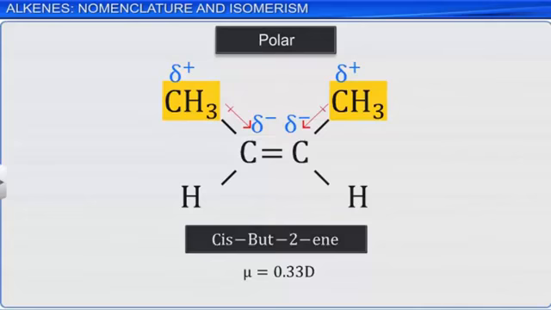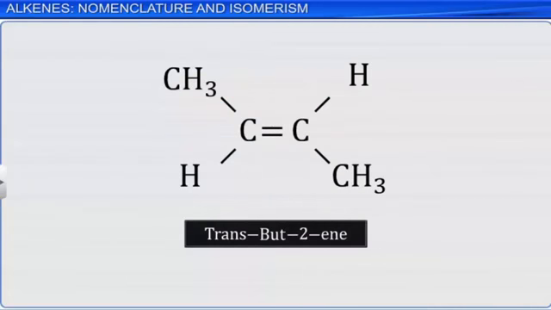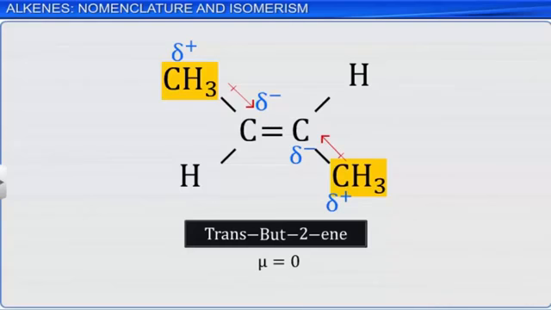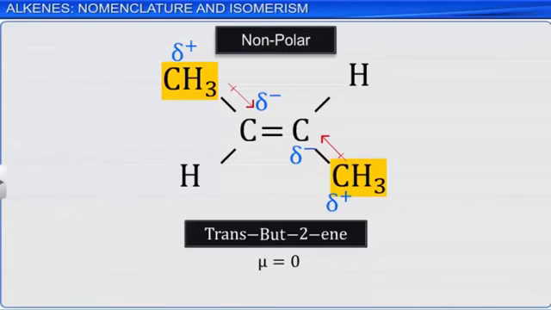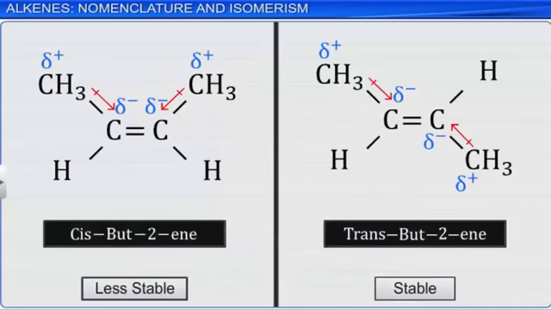However, in a trans but-2-ene molecule, the two CH3 groups are present on the opposite sides of the double bond. Thus, the bond dipoles of each CH3 bond cancel each other, making the molecule non-polar. Hence, we can conclude that trans isomers are more stable than cis isomers.